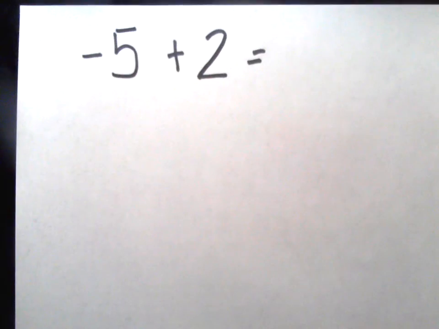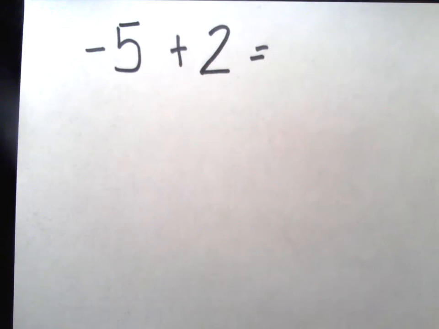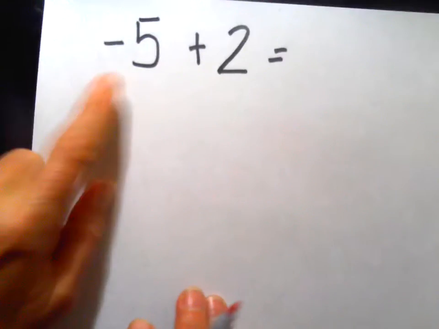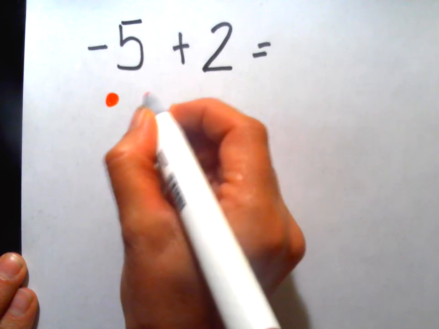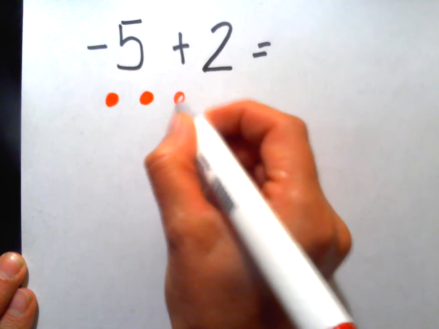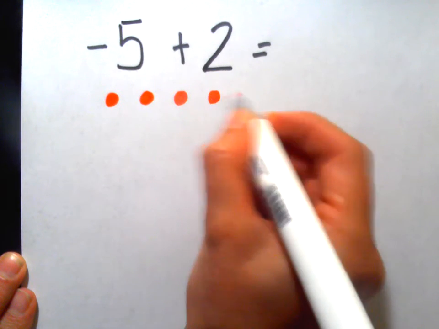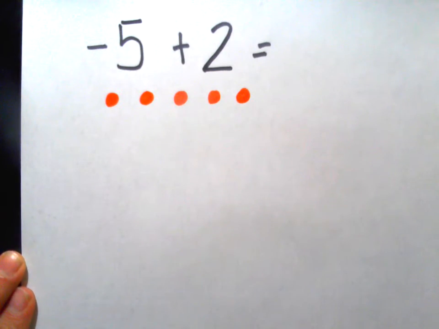So that's one example. Another example is negative 5 plus 2. So negative 5, that means I'm going to make 1, 2, 3, 4, 5 red chips.